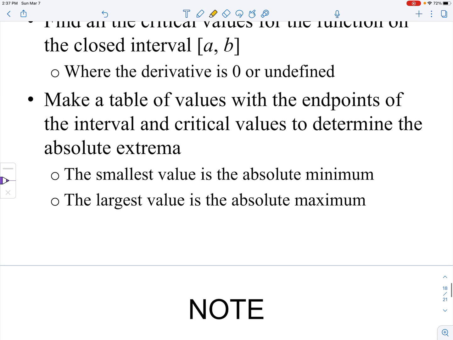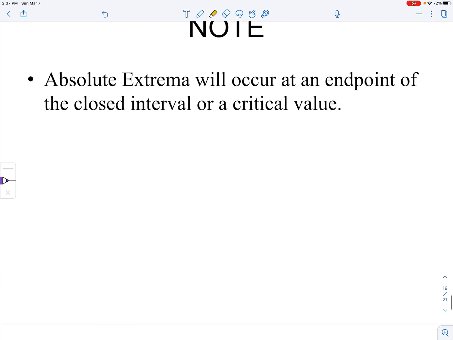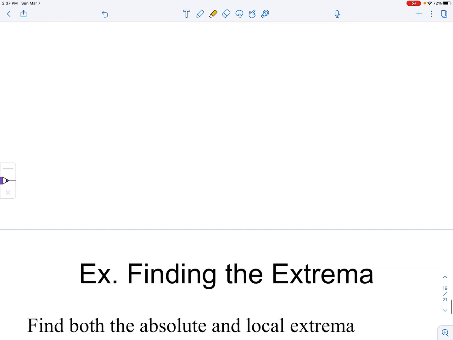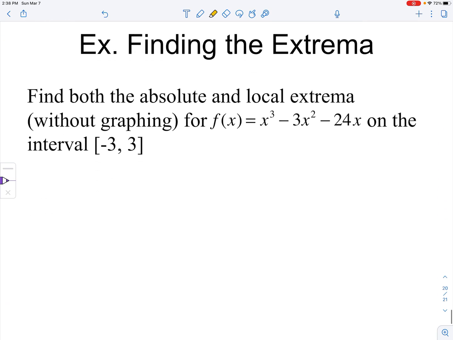At values that would also end up being relative extrema. The smallest value from that table will be the absolute minimum, and the largest value will be the absolute maximum. Okay, and this is what I just said. So let's do it.